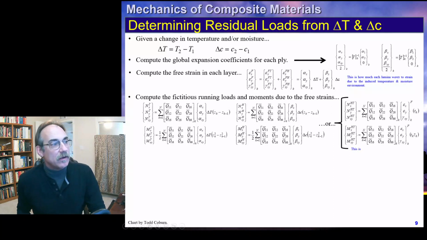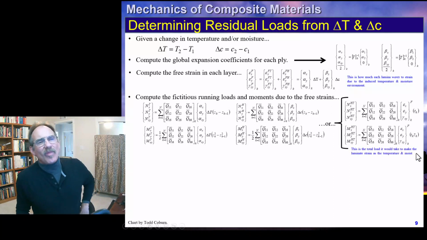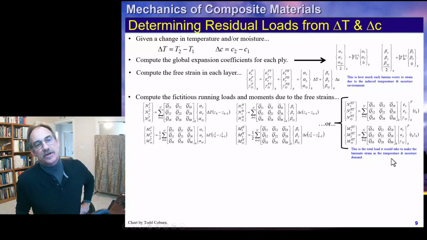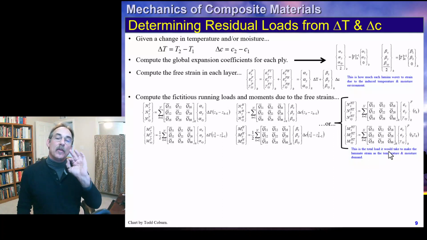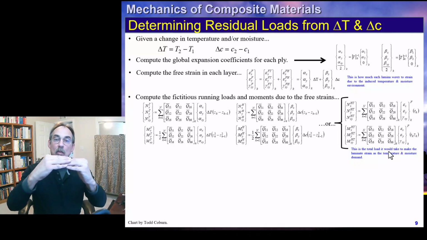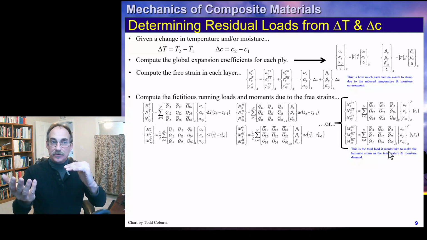Here we go. Now what we're going to do, we can say this is the total load that it would take to make the laminate strain in exactly the way that the temperature and moisture demand. It was developed by taking the free strain, what each ply wanted to do, and adding up all the effects of those.